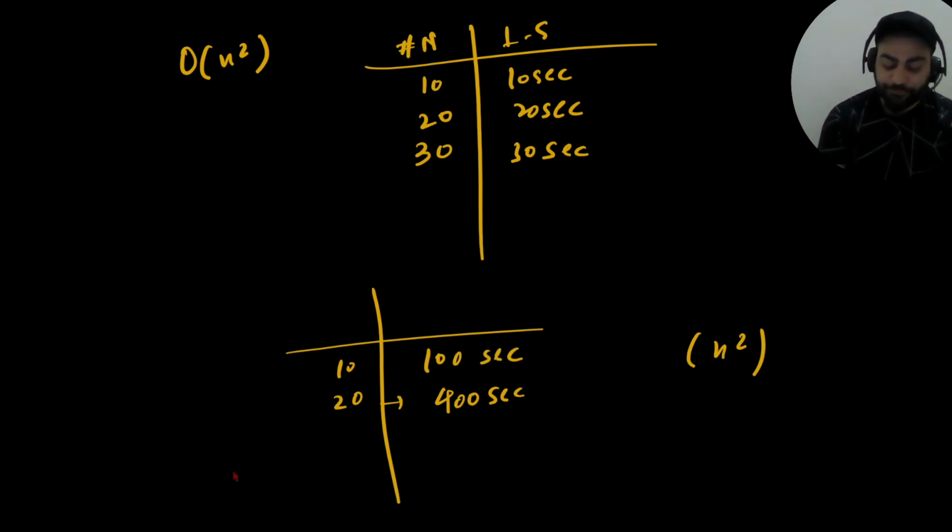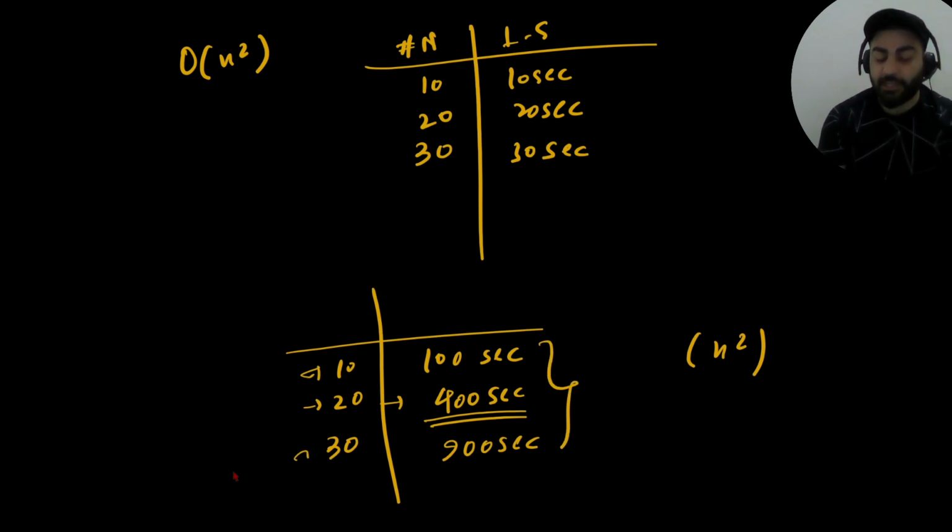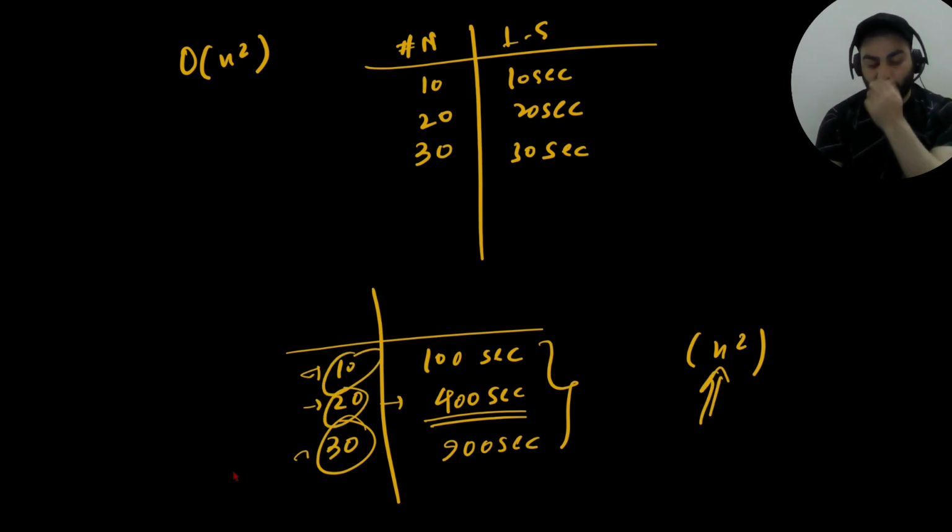If we increase the elements to 20, it now takes 400 seconds. If we increase the elements to 30, it now takes 900 seconds. So you can see that whenever we increase the input, the time is increasing in a quadratic form, as if you are squaring these numbers. That is called quadratic complexity.